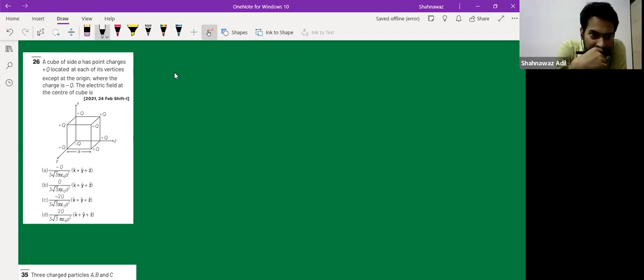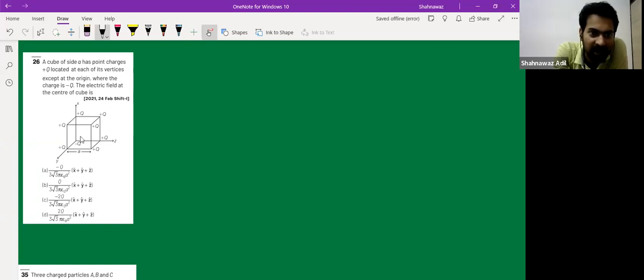So we know already that at the origin, this charge is minus Q. If at the origin there was plus Q, the electric field would have been zero at the center of the cube, because this is the geometrical center.